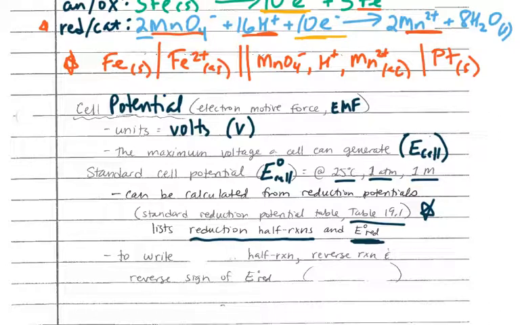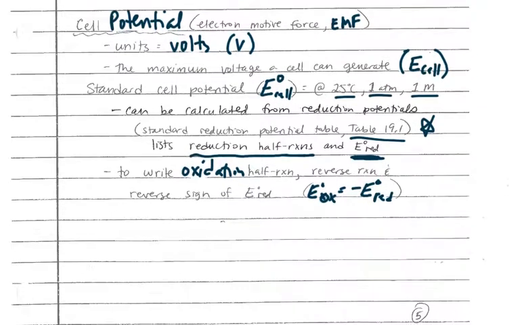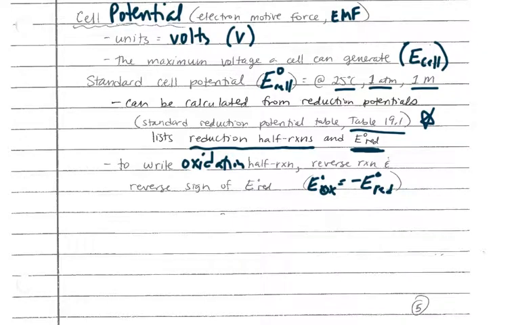We can figure out the energy for the oxidation half reactions by simply reversing the sign. So we could say the energy of the oxidation reaction is equal to the negative energy of the reduction reaction. All right, so they're just opposite signs.